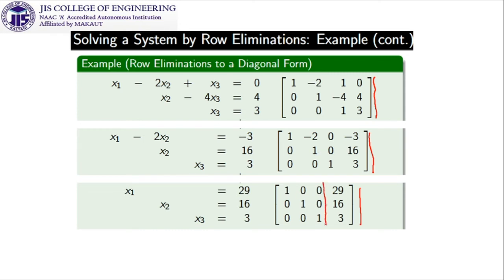I am talking about the coefficient matrix. So if it is now converted into a diagonal matrix, by seeing this diagonal relationship you can directly find out the values of x1, x2 and x3, which is nothing but 29, 16 and 3.